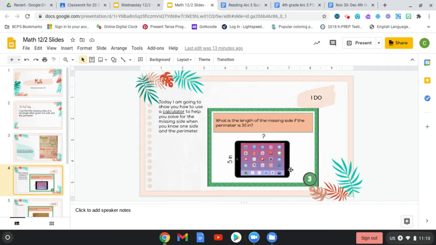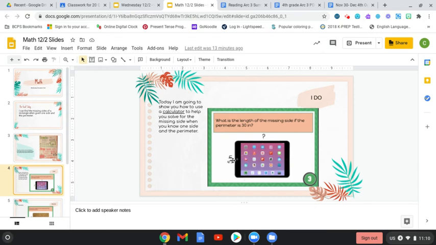So this is an iPad, and it says, what is the length of the missing side if the perimeter is 30 inches? So that means that all these sides added together are 30 inches. One thing I'm noticing right away is that they have one side labeled, but it's a rectangle.